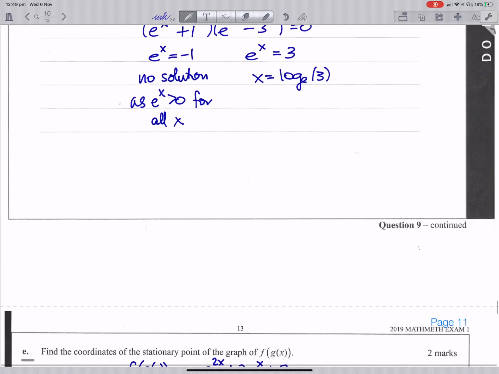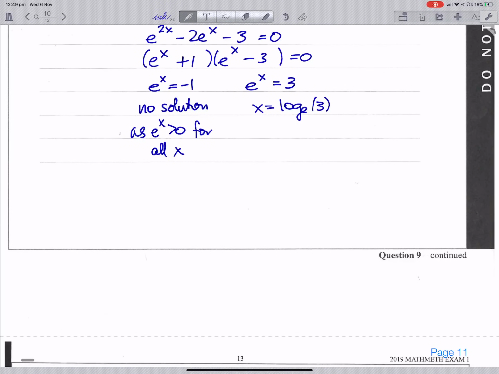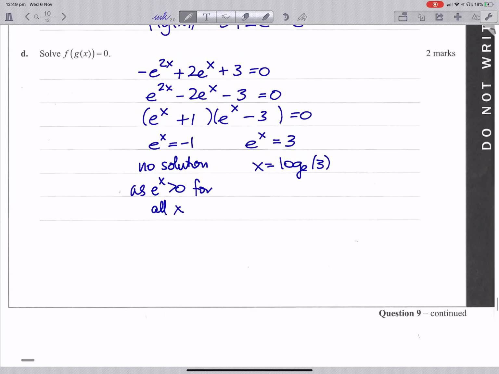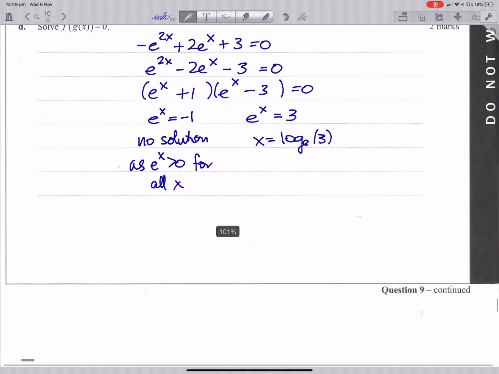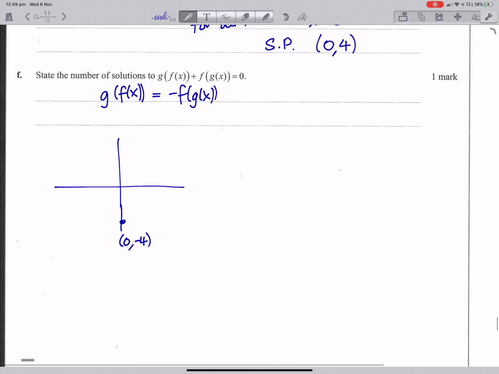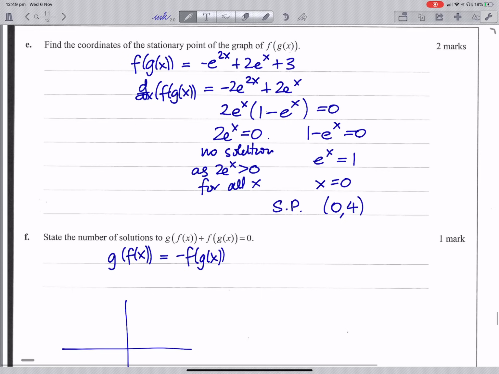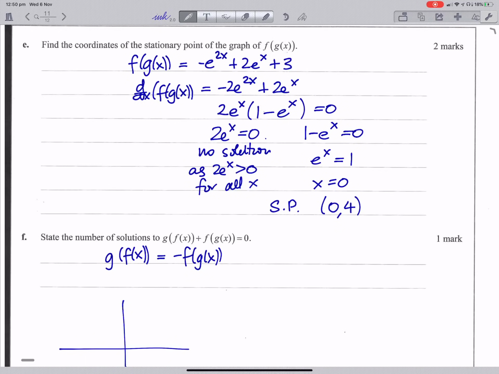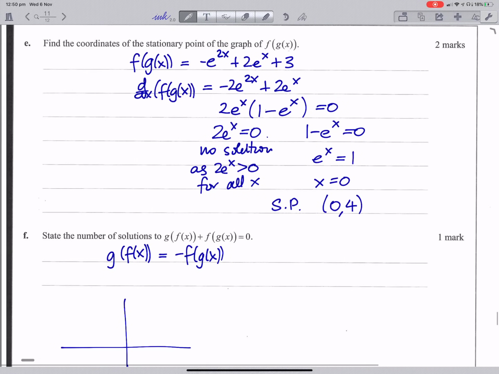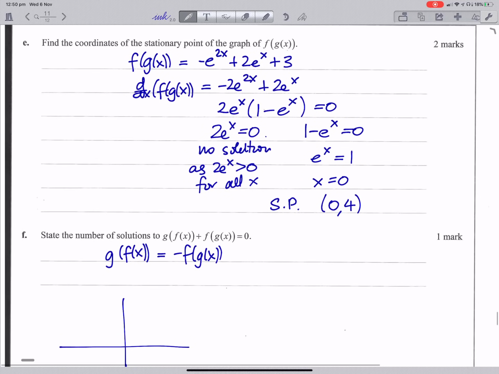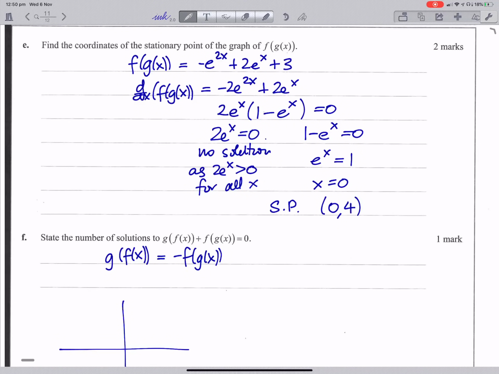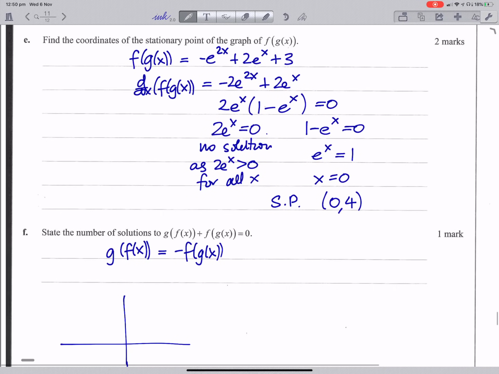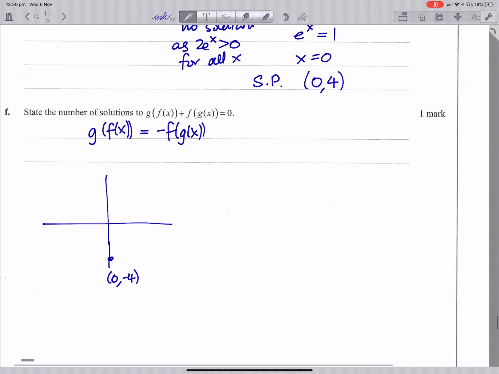Do we know anything else? What will that graph approach? That's going to approach negative 3.